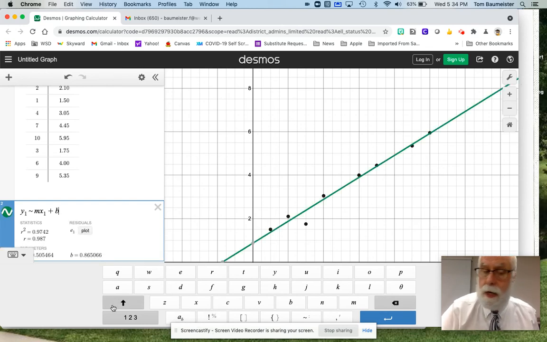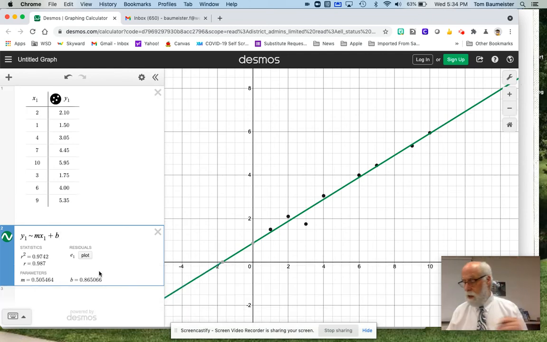Now notice when I did that, ladies and gentlemen, it gave us some numbers. All right. So here, let me get rid of my thing here so you can see the numbers. So it gave us our M is equal to, well, we're talking money, right?